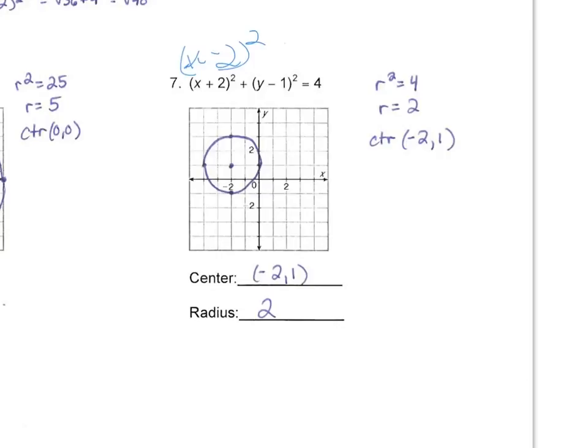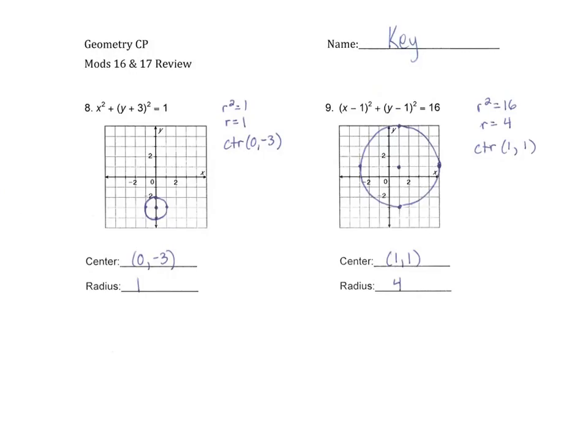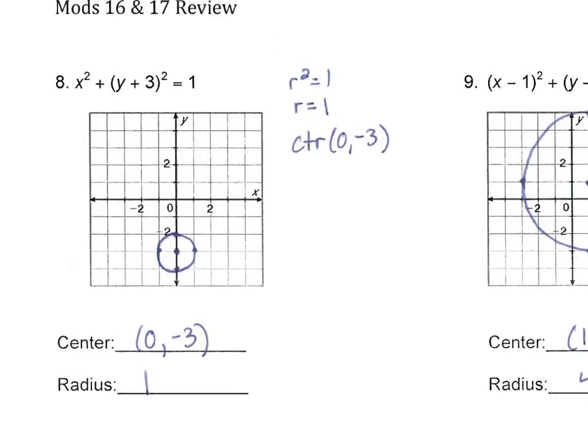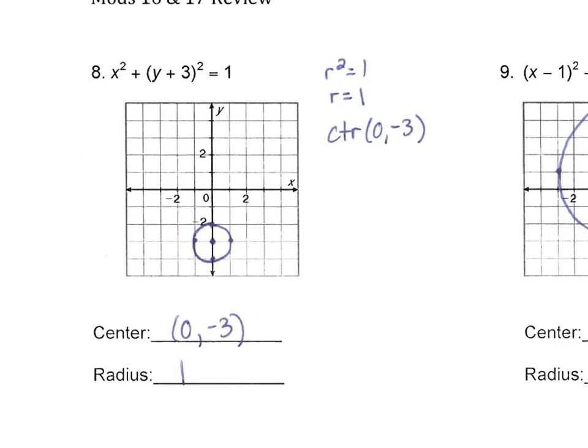Let's see on the last page here. Number 8, same idea. Zooming in a little bit more. Our r squared, notice, is just 1 this time. So the square root of 1 is actually 1 itself. We get a tiny little radius this time.